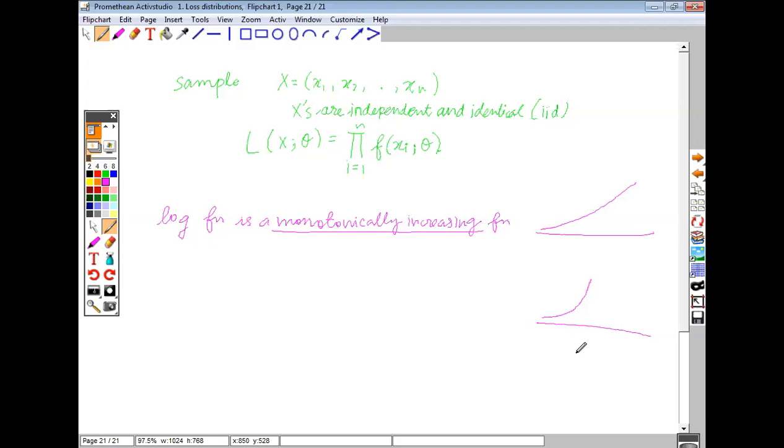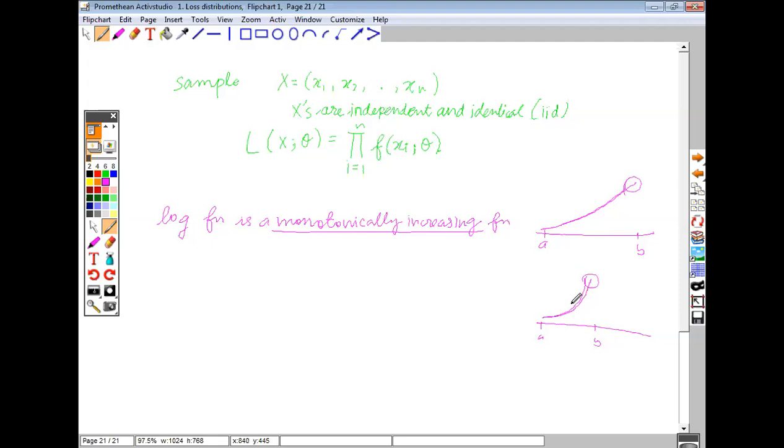Let's say this was A and this was B. The maximum here is at B, and here as well it was at B. This is not the exact log you would get, but just to show you, the B point will be the same, but the likelihood values here and here may not be the same.